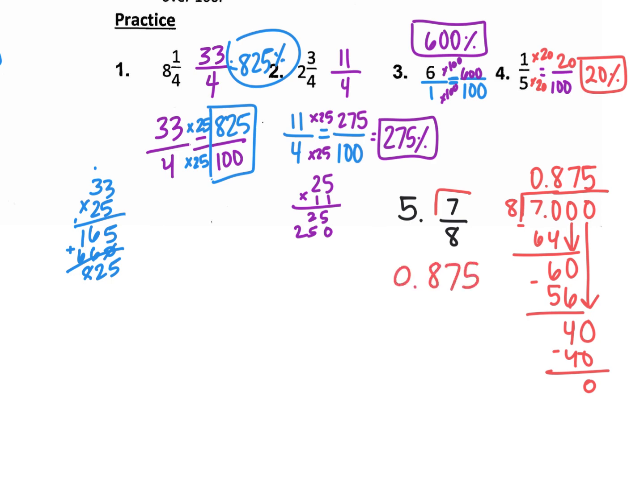That is a decimal. Okay, 875 thousandths. How do I change a decimal to a percent? What's my rule? Look in the top left of your notes. DP. Decimal to percent means I move from left to right 2 places, so my percent is 87.5%.